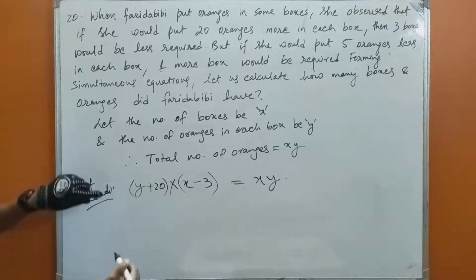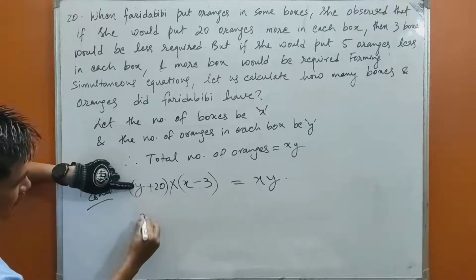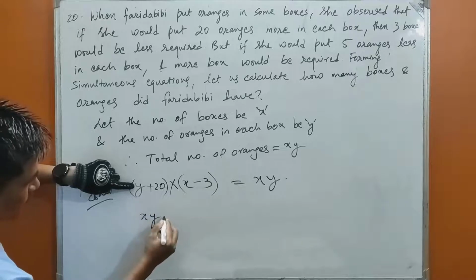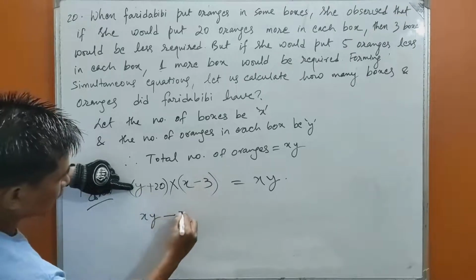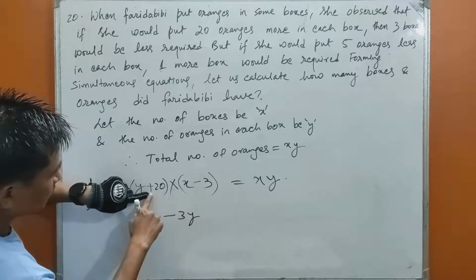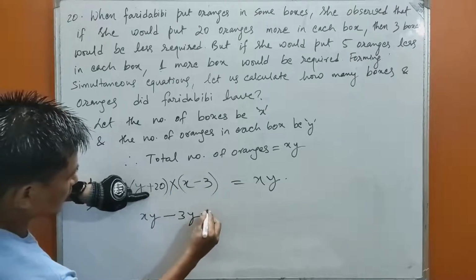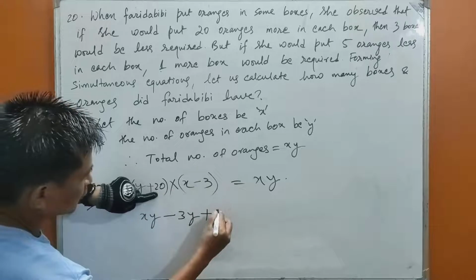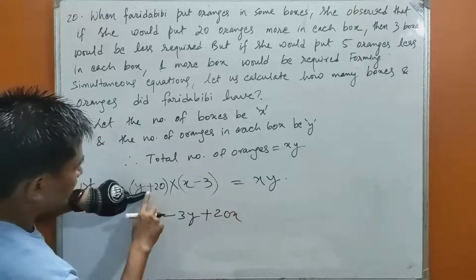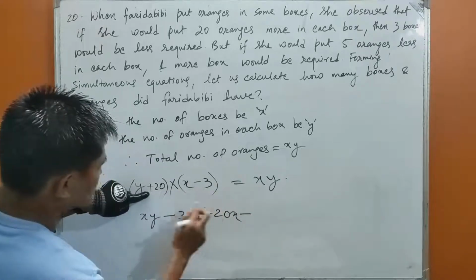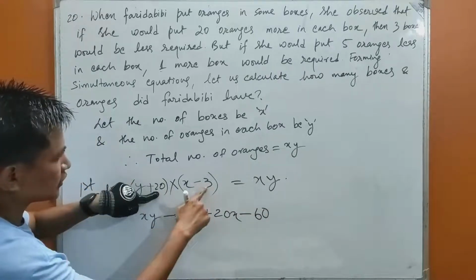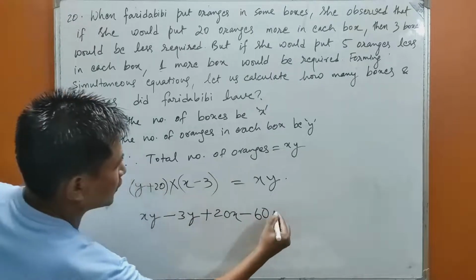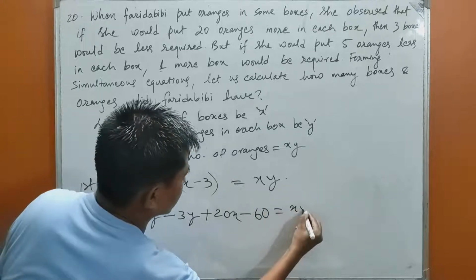Now let us multiply. Y into x is xy, plus into minus, minus, y into 3, 3y, plus into plus, plus, 20 into x, 20x, plus into minus, minus, 20 into 3, 60, equals xy.